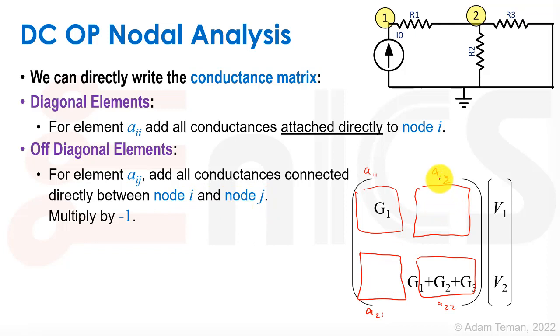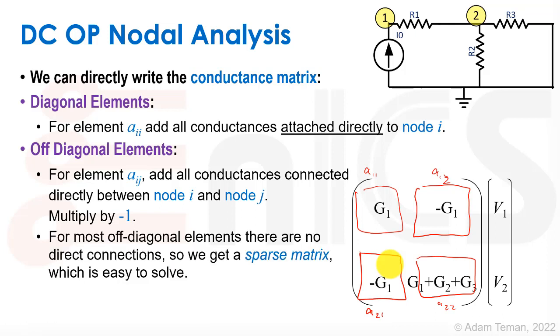Between nodes 1 and 2, we only have R1. So that would be G1, but we multiply it by -1, so we get minus G1, and again, it's exactly the same for A21. So we have our conductance matrix completely, and that is what we saw on the previous slide.